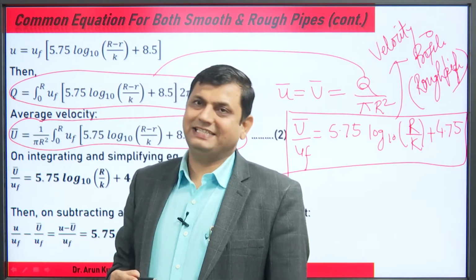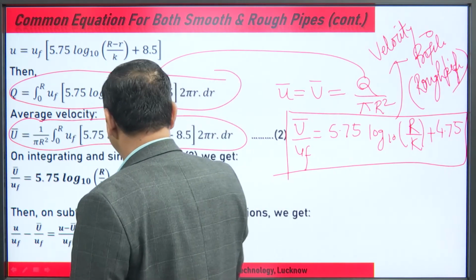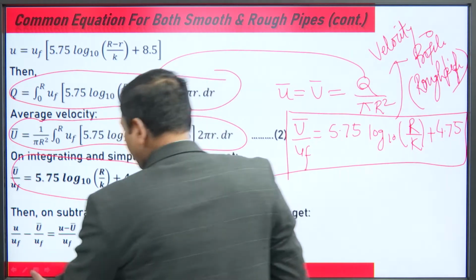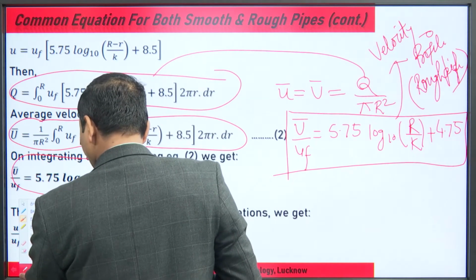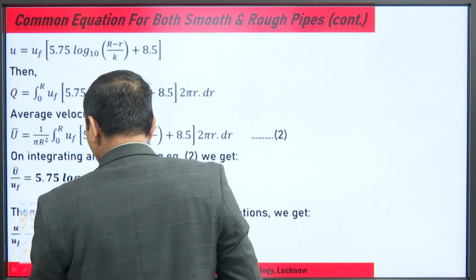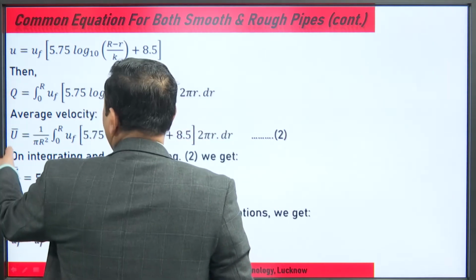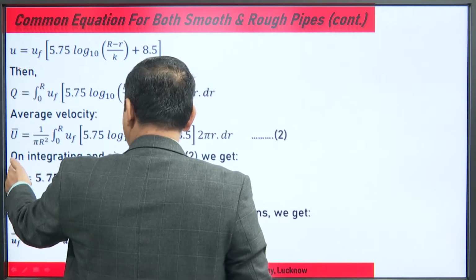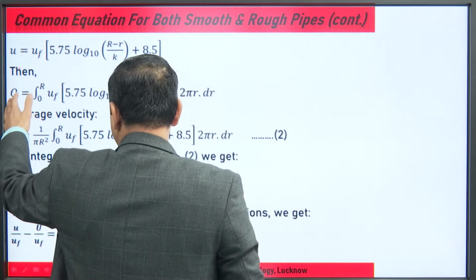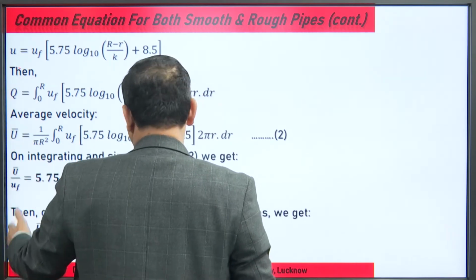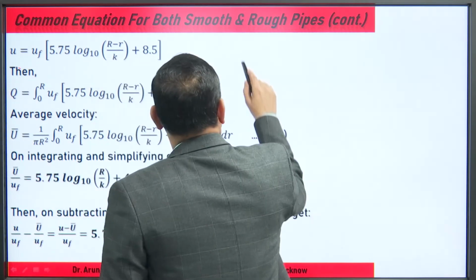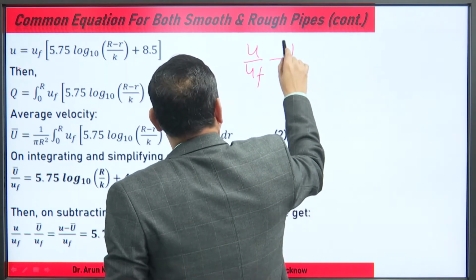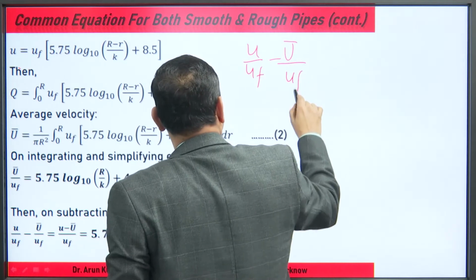If you see this equation, U upon U_f, and this is capital U upon U_f; subtracting equation 2 from equation 1, we get U upon U_f minus average velocity upon shear velocity.